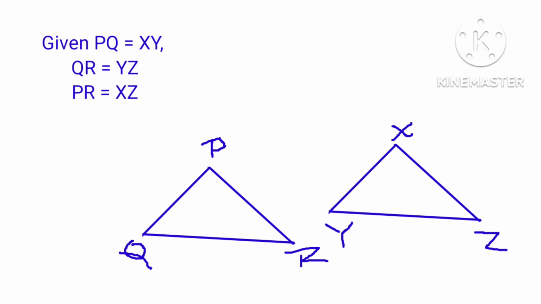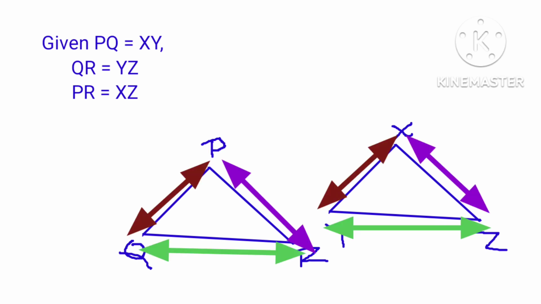Sides of triangle PQR are PQ, QR and PR, and sides of triangle XYZ are XY, YZ and XZ. And in the statement it is given that PQ is equal to XY, QR is equal to YZ and PR is equal to XZ.